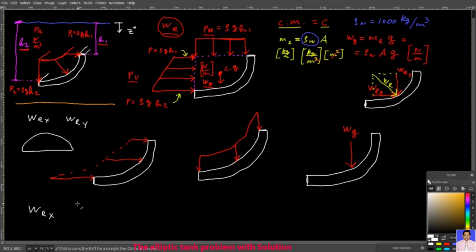Remember, WRX, it was 0 newtons over meter, and WRY, it was this one. These are the answers that you got using integration. But now, let's see if you get the same numbers using this easier approach. Try doing it on your own first, and then see the solutions in the next video.